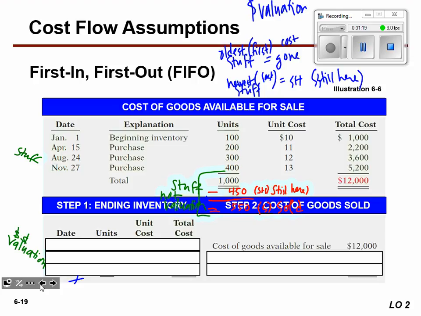We work backwards. Here's where I get students pretty confused. We have to work backwards. Step one, we first have to put a value on what's still here. We have to start with what's still here to figure out what's gone.